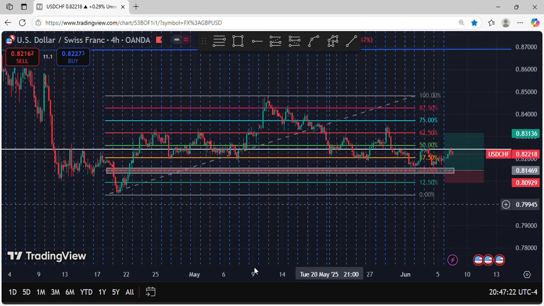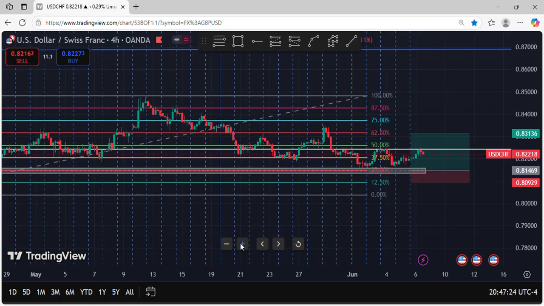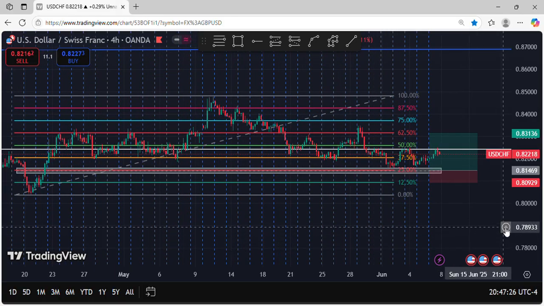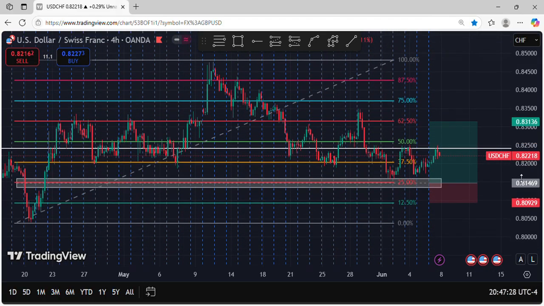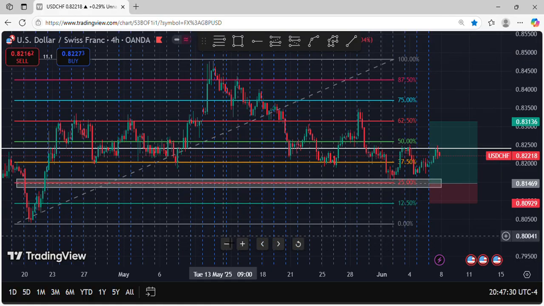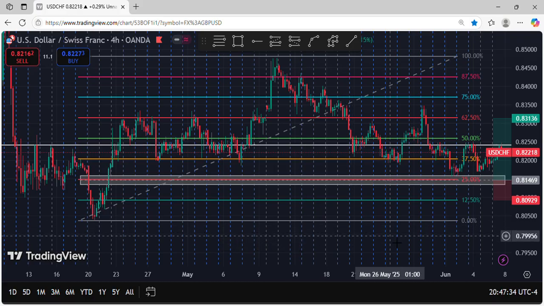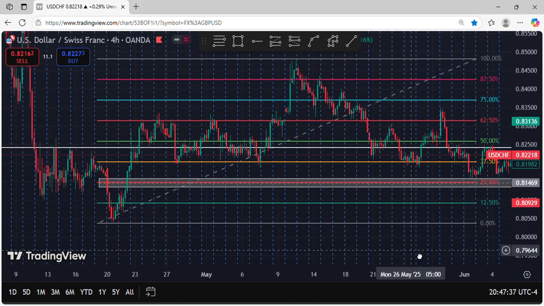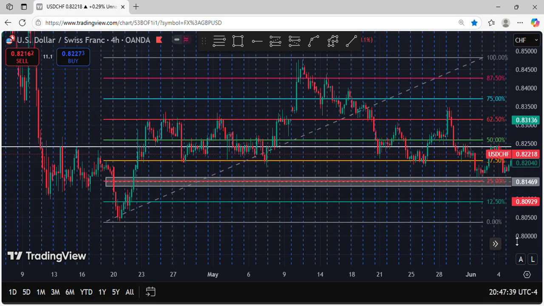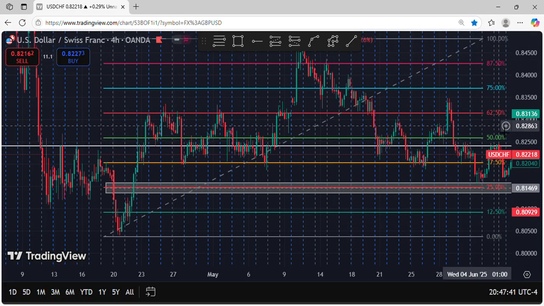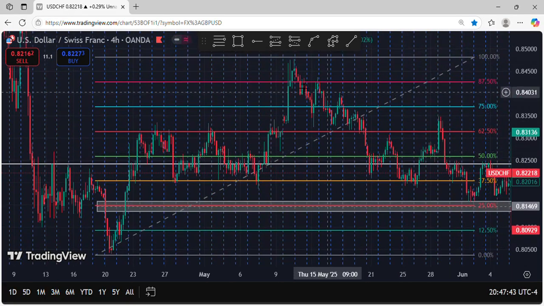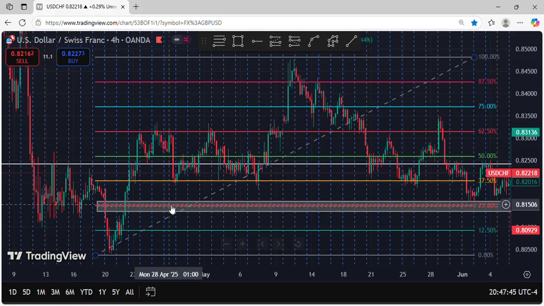Now let me enlarge this so that it's easier on the eye. Now on the 4 hour, this is what we've been able to establish. There is a high here and the low there, so that is the range I have drawn.